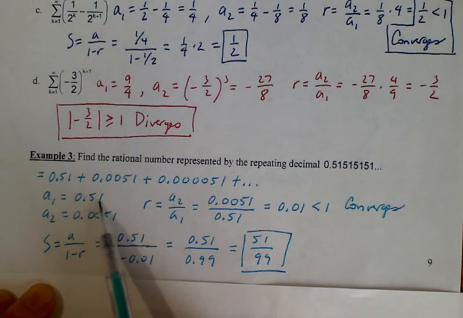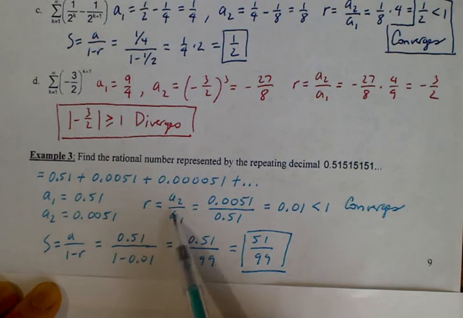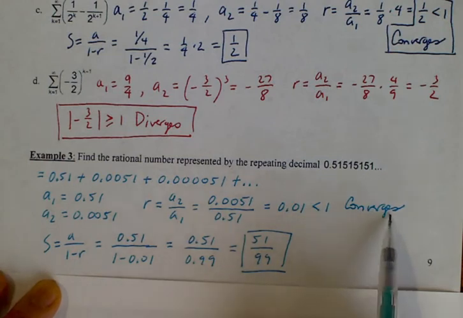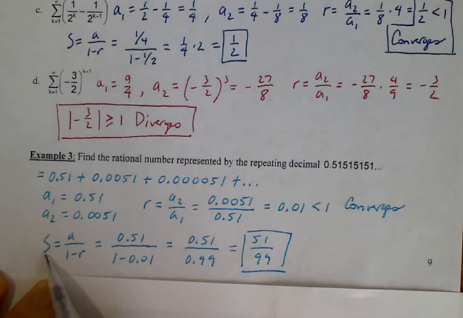So this is a geometric series, and I can see that the first term is 0.51, and the second term is 0.0051. Your common ratio, a sub 2 divided by a sub 1, comes out to 0.01, which is less than 1, so it converges.